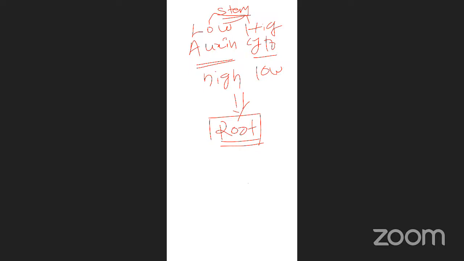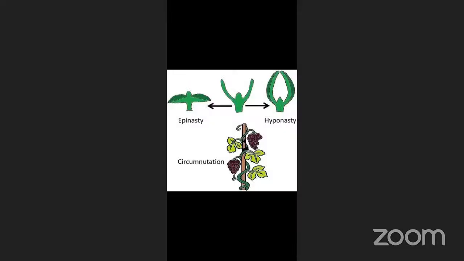No need to explain about that. It is abscission, such an important one. Abscission. Right? Epinasty movement, right? What happened in epinasty movement? Simple, the leaf structure. Let me share a diagram. So this is epinasty, just like folding.